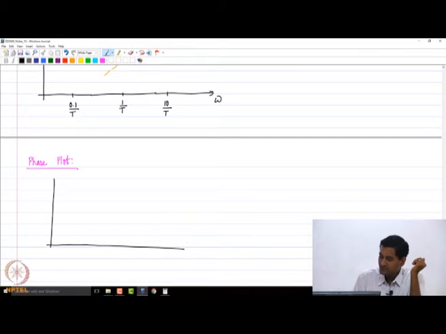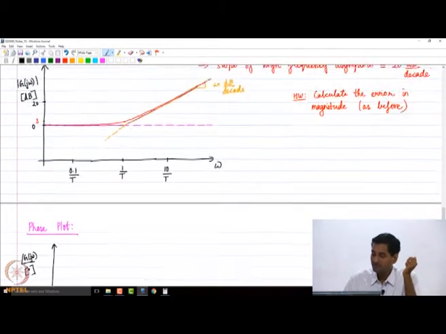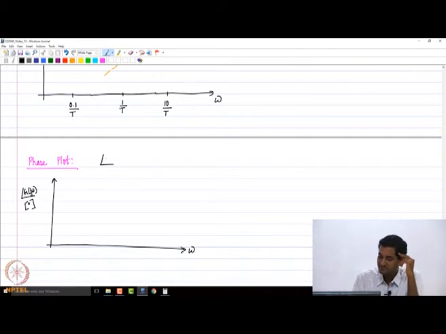What would the phase tend to as omega tends to infinity? It will tend to plus 90. At omega equals 1 by capital T, it will be 45 now. Why? Because please note that the phase of G of j omega now is tan inverse of T omega, not minus, it is just tan inverse, plus.